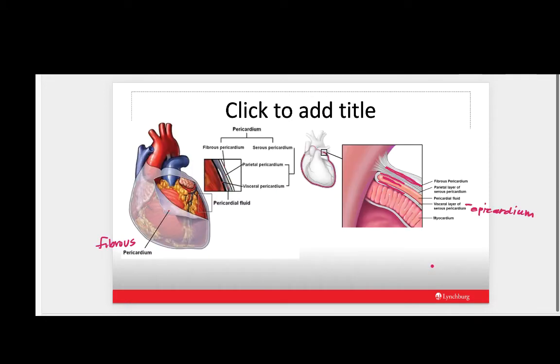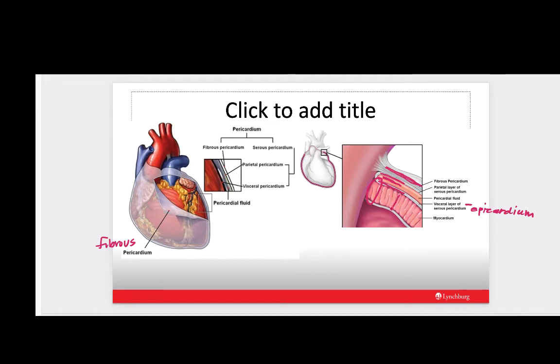So if we were to back up, I just want to point this out on this image here. Here is our epicardium. So this kind of area through here would actually be the heart wall itself. So our most external layer is going to be the epicardium here.